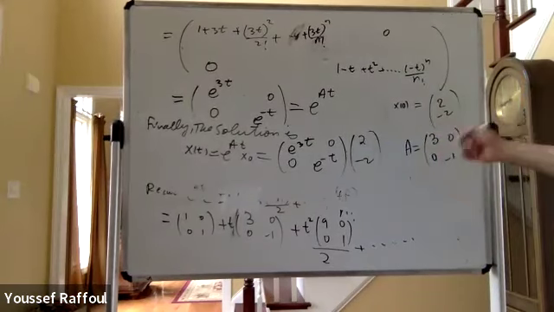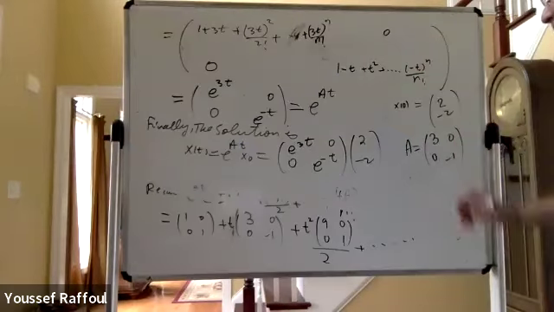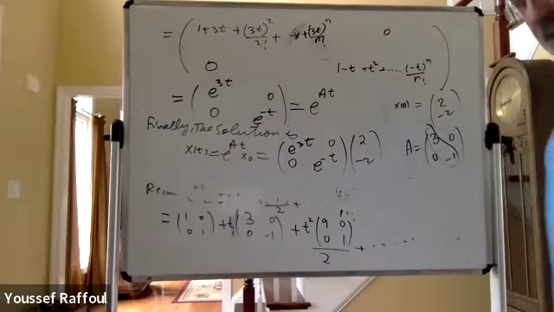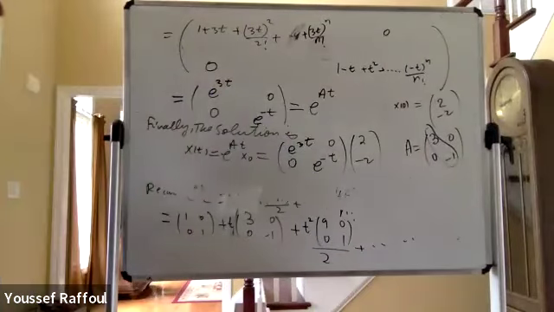You just keep raising A to the n, and then you write the series. So we did this example last time, and it is very simple this way. Any questions?